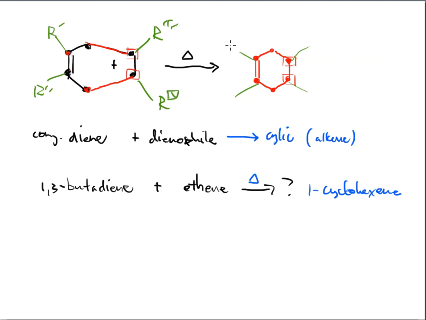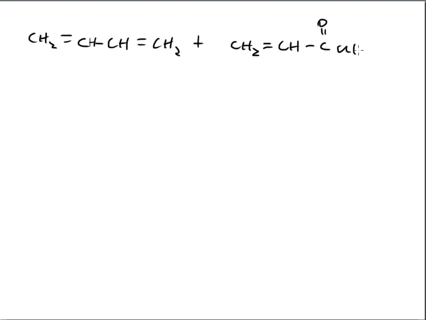Why am I saying that? Well, let's take a look at another example. What if they give you CH2, double bond, carbon with a hydrogen, on a carbon with a hydrogen, double bonded to a CH2, and then they say, let's take that and let's react it with maybe CH2, double bond, CH, C, double bond, O, CH3.